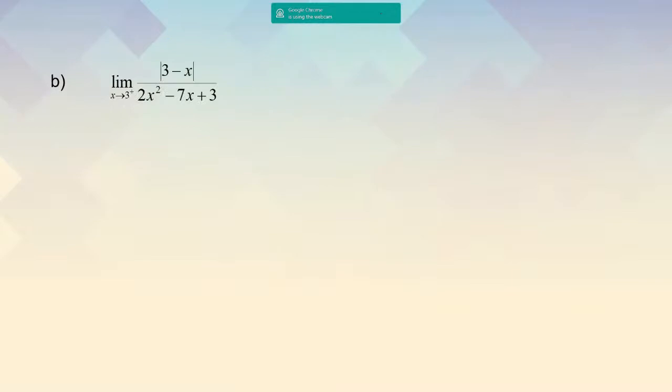Okay, and then for number 2b, okay, so firstly you need to define modulus 3 minus x. Okay, apa-apa pun kena define dulu. Okay, so kita ada 2 part. Okay, we have 3 minus x. The another one, korang akan tulis negatif 3 minus x.